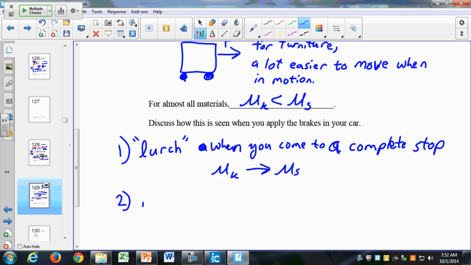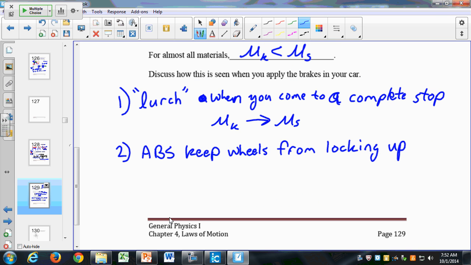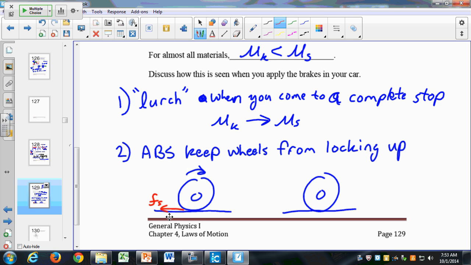And the second one is anti-lock braking systems keep the wheels from locking up. That's because a tire that's turning with respect to the road feels a force that is static friction, but for a tire that is not turning, the force at play is the kinetic friction.